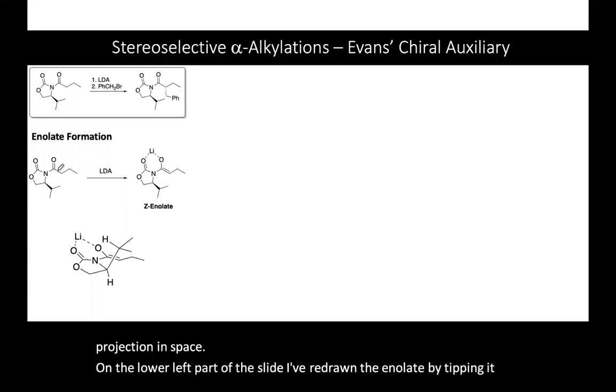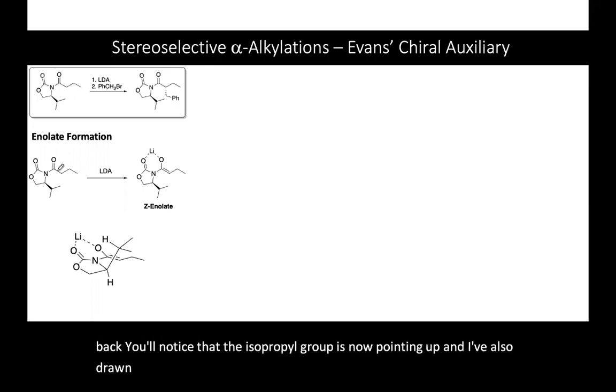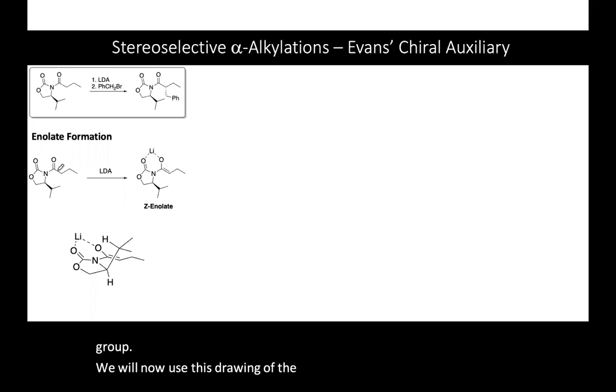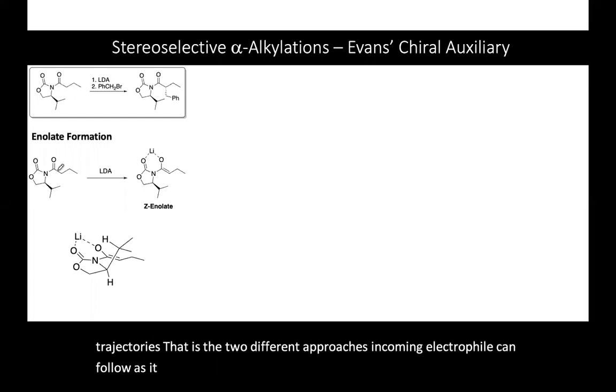You'll notice that the isopropyl group is now pointing up, and I've also drawn in the proton also on the same carbon possessing the isopropyl group. We will now use this drawing of the enolate to evaluate the two different trajectories, that is, the two different approaches that the incoming electrophile can follow as it moves toward the enolate nucleophile.